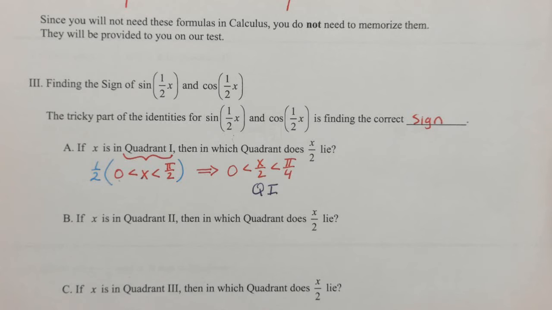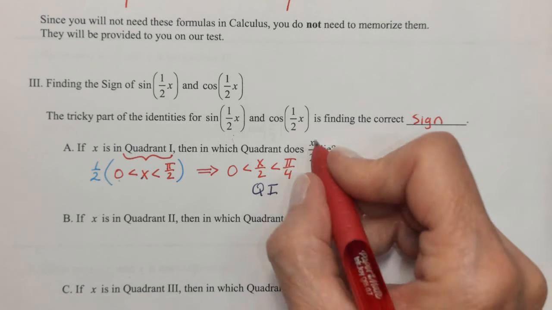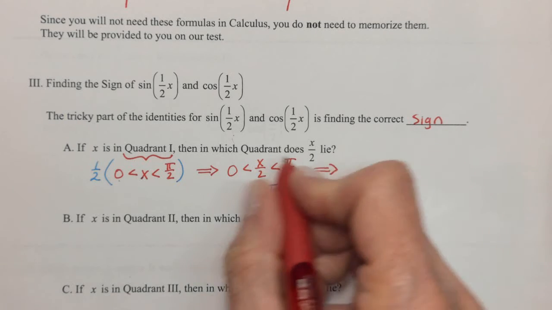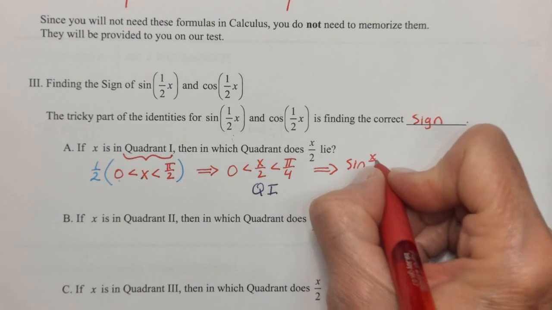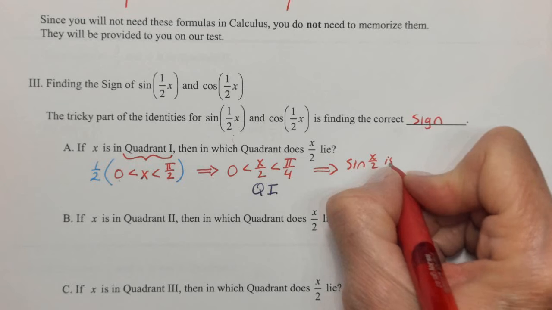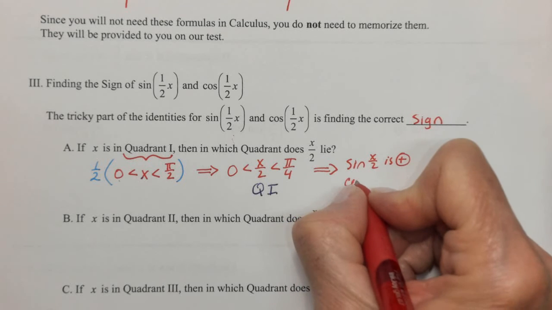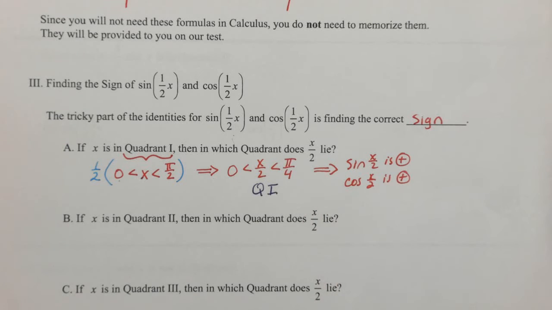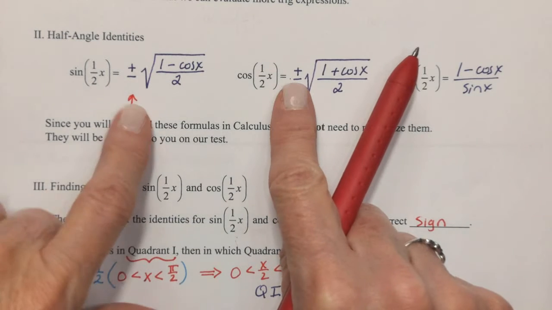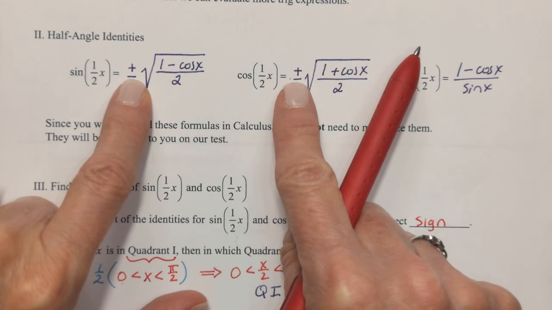So this means that if x is in quadrant 1, sine of x over 2 will be positive, and cosine of x over 2 is positive. So if you're given that x is in quadrant 1, this is what you're going to conclude. Okay? And this will just tell you which sign to keep in our identity.